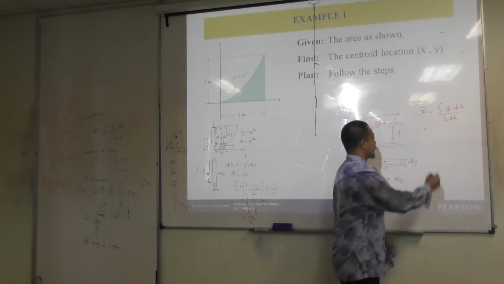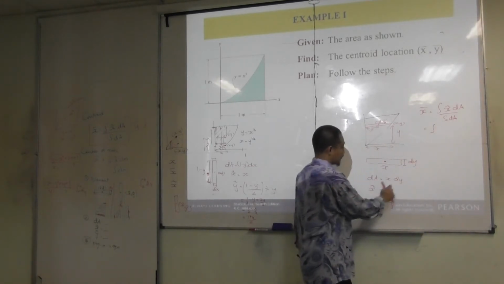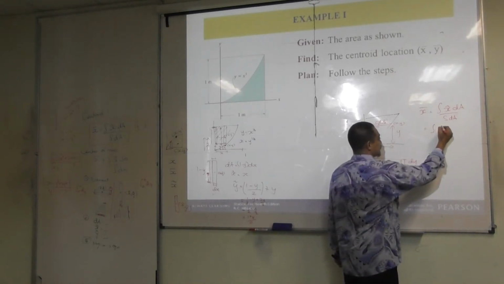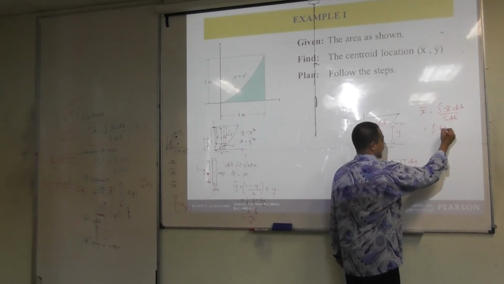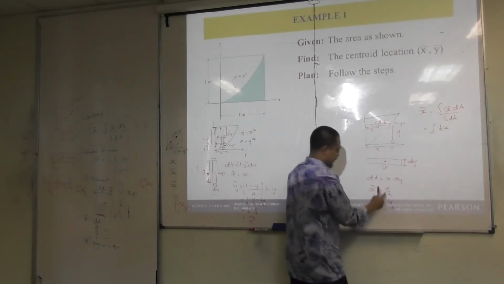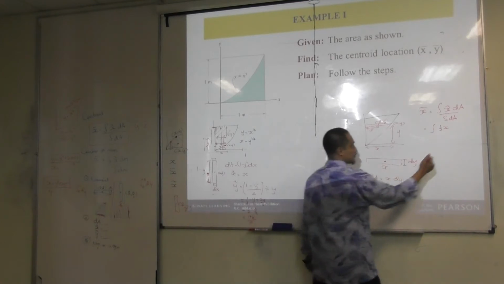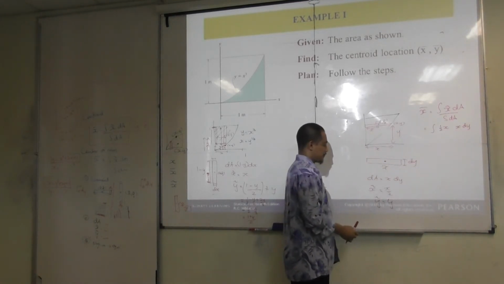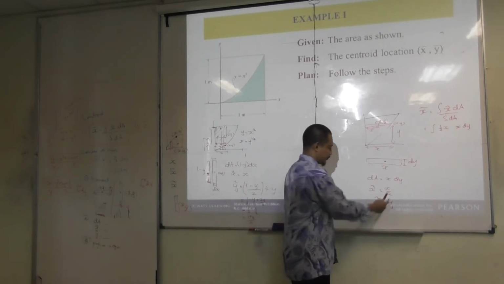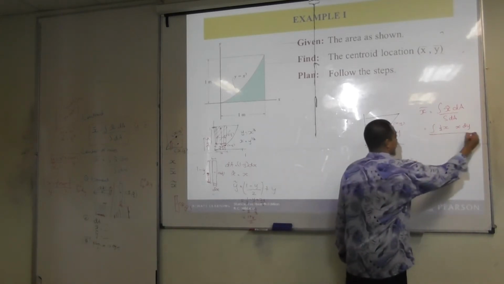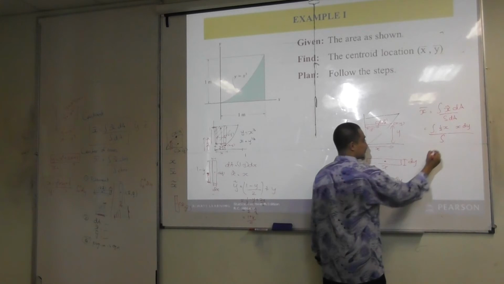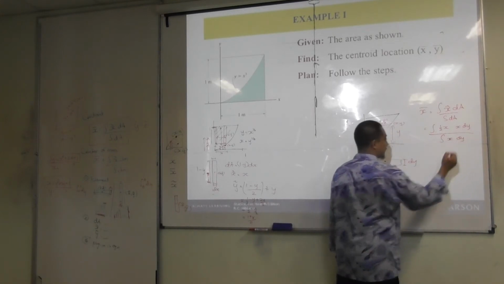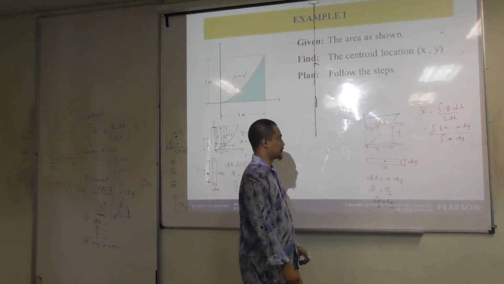So integration of x over 2, half x if I want to write it that way. And then dA, you just write this thing, right? x dy. We just plug in the thing, and then the integration of dA is x dy. Okay? That's the first thing to do.